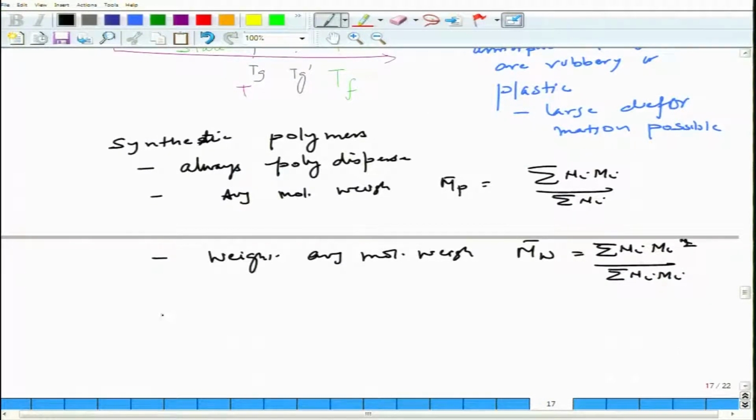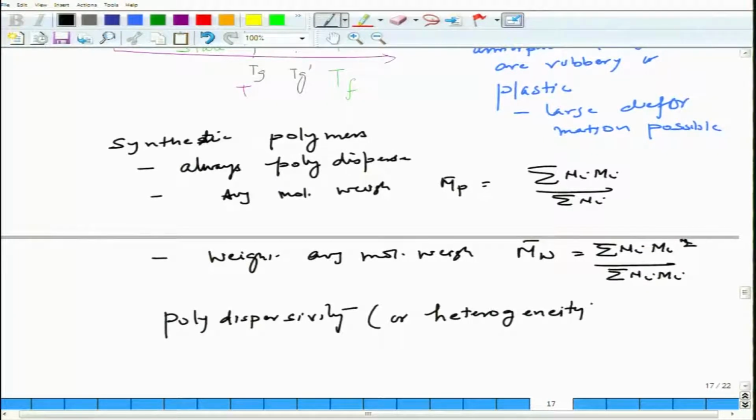And polydispersivity, sometimes also called the heterogeneity index, is given by the ratio of the Mw average and the Mn average.